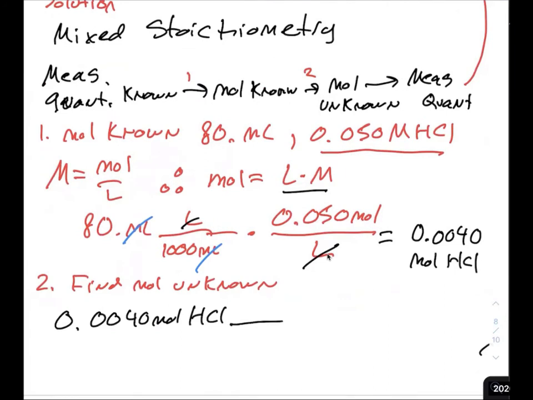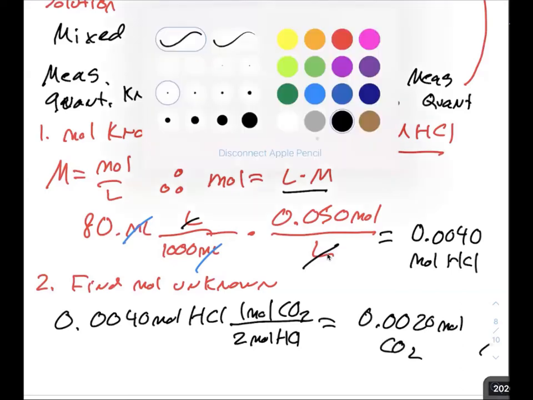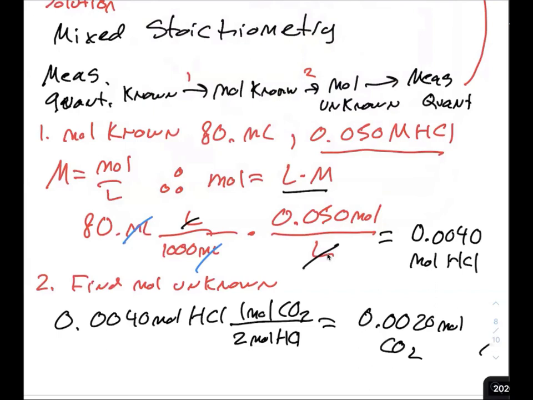So 2 moles of HCl, 1 mole CO2. Just divide by 2, and that's really nice. That gives me 0.0020 moles of CO2.